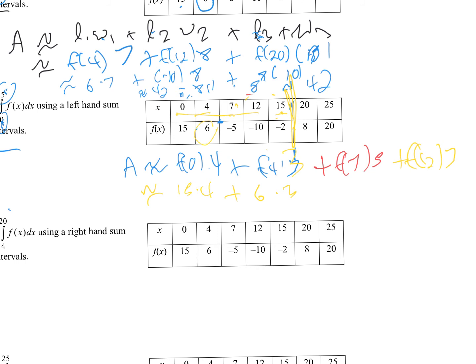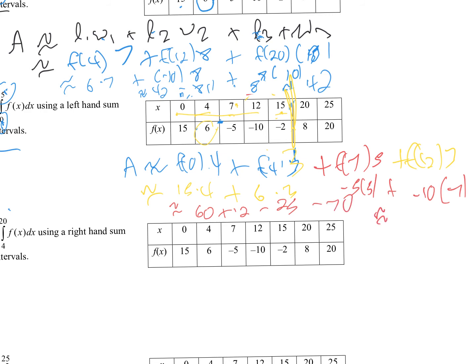Six and the 3. So now I'm doing f of 7, which is a negative 5 times a 5. And then f of 12, which was negative 10 times the 7. Is approximately 60 plus 12 minus 25 minus 70.